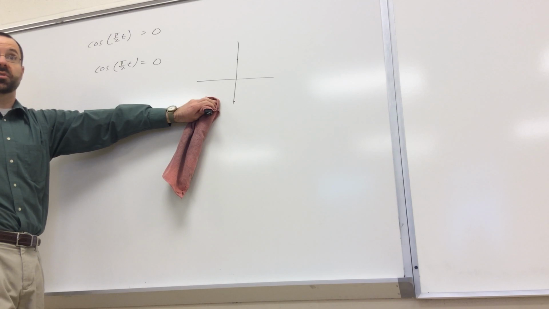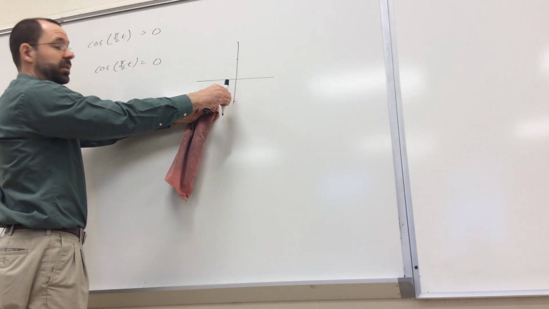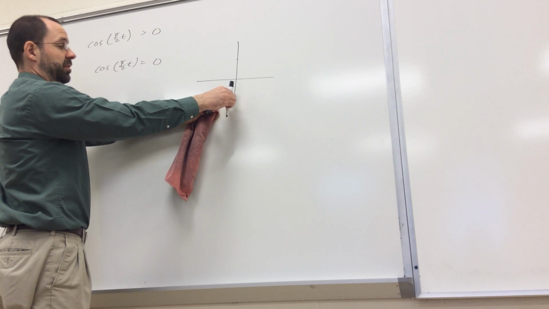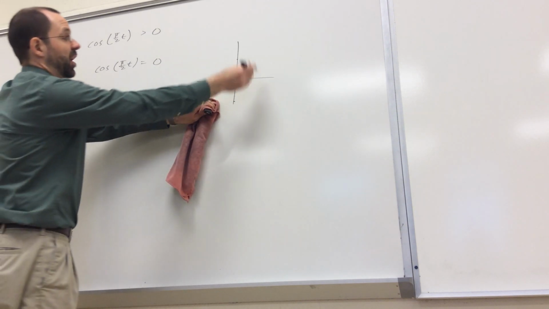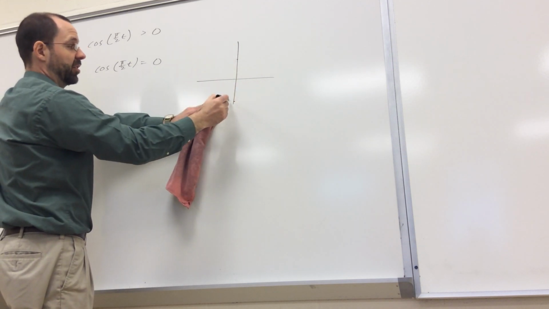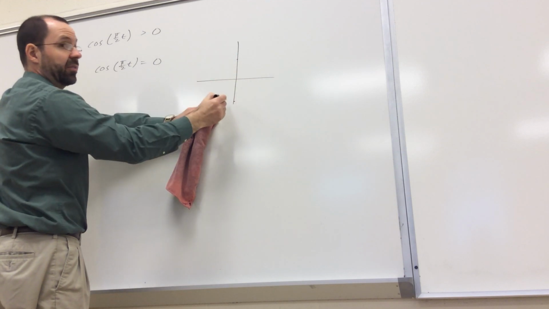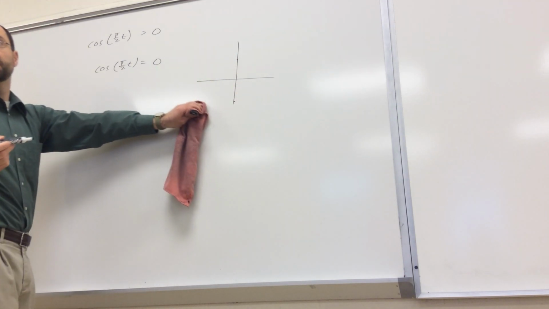And there's a lot of names for those locations, right? One of the names for this is negative pi over 2. Another name is positive 3 pi over 2. This is pi over 2. So all the answers are pi over 2, 3 pi over 2, 5 pi over 2, 7 pi over 2, et cetera, and negative pi over 2, negative 3 pi over 2, et cetera, et cetera.